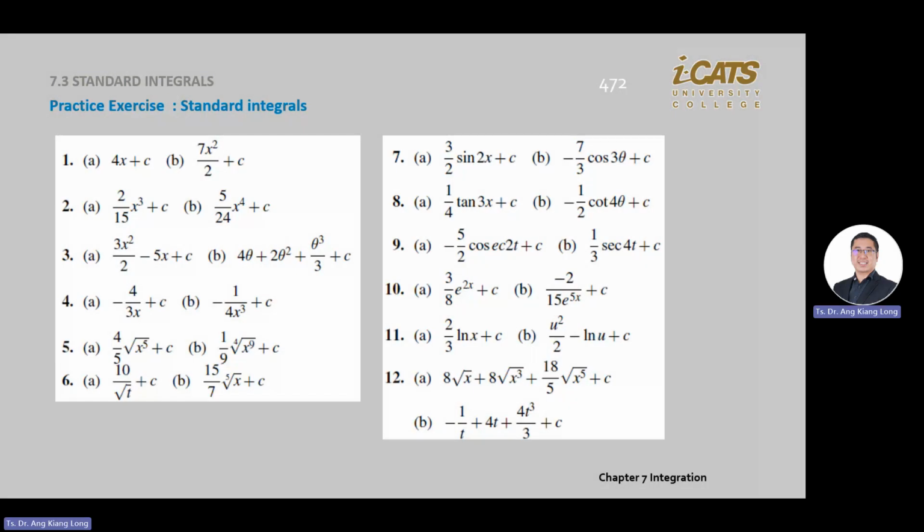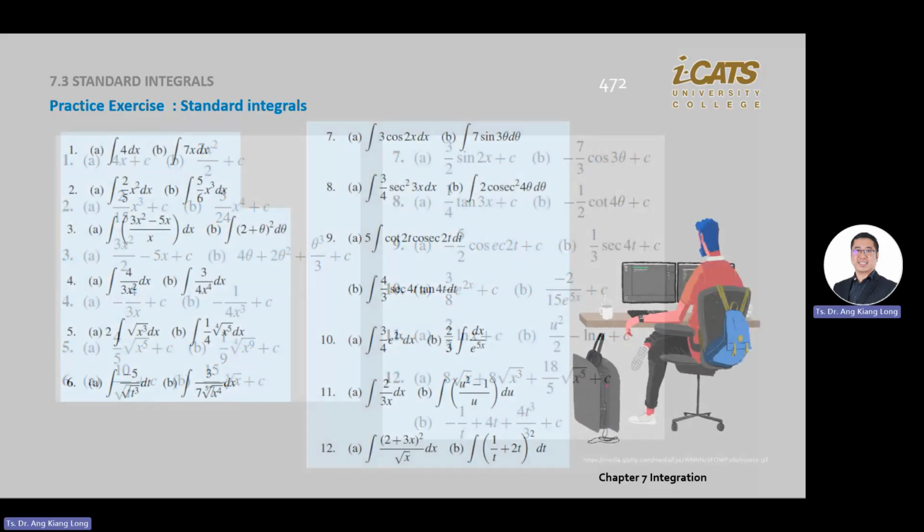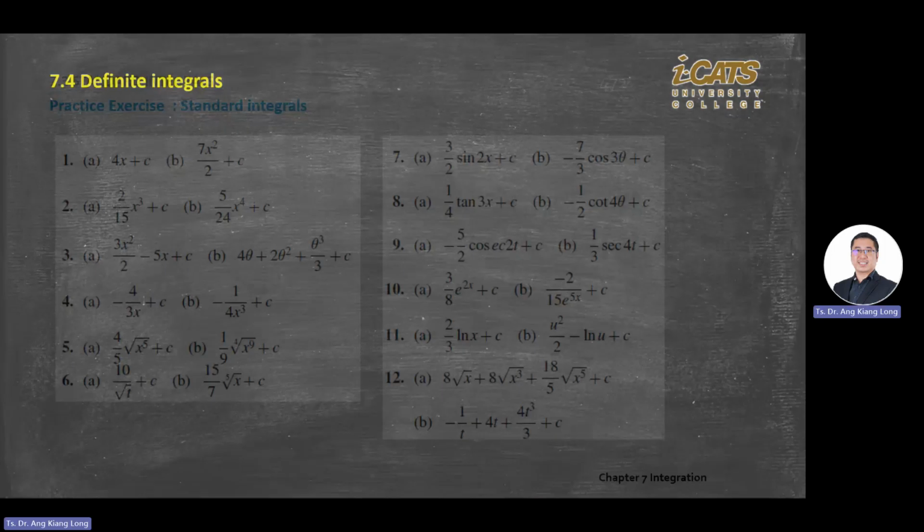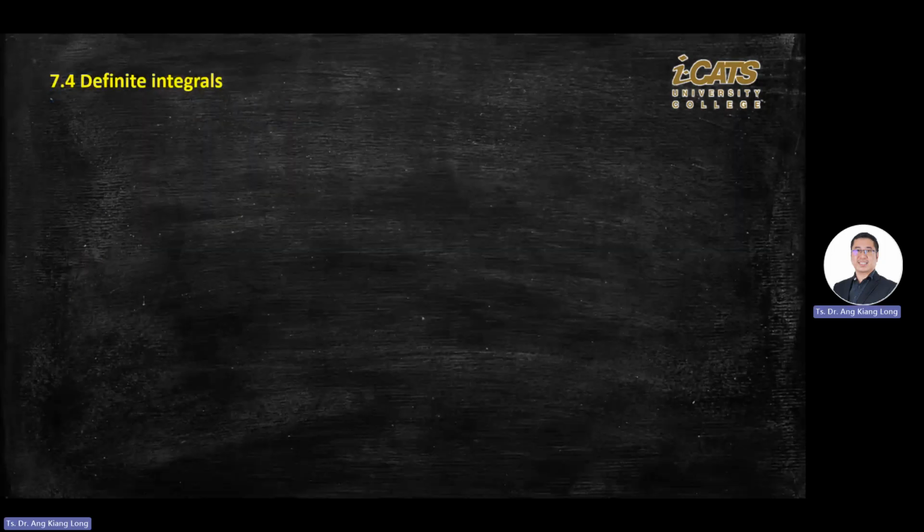Now just now it's called standard integration. With this, you see there's no limit. We go for a little bit more, then we have your quiz.